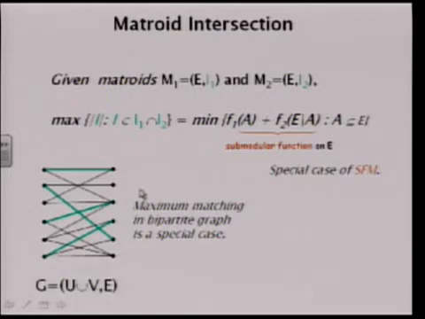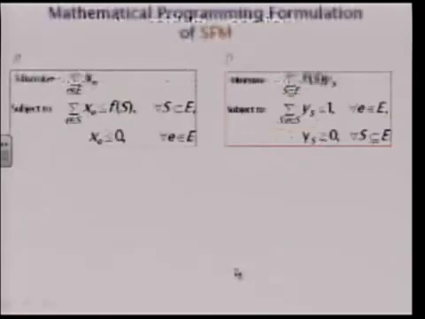Those are considered matching problems. Maximum matching in this bipartite graph means you can create the best correspondence from the source nodes to the destination nodes so that the overall cost can be maximized or minimized, depending on what objective function you use. So this is also an interesting problem.